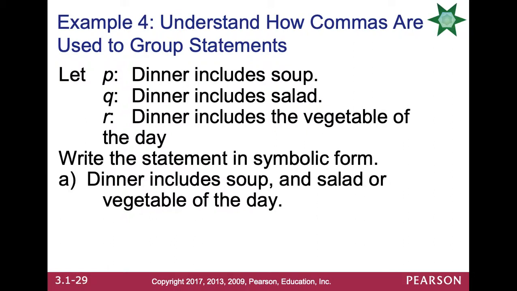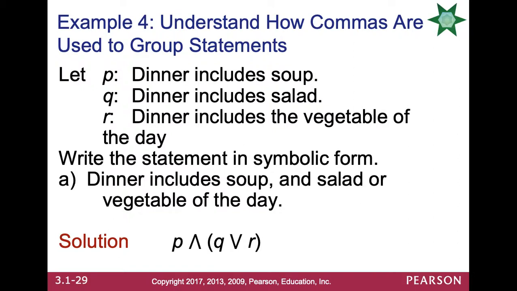Who gets grouped? The first symbol, dinner includes soup, which is P, comes out of the parentheses. Now the and, once again, is the upside down V. So we will use, or the intersection, if you want to call it that. I think that's a good way to put it. And salad or vegetable of the day. Salad or vegetable is going to be the or statement.